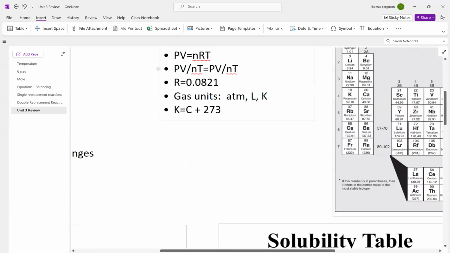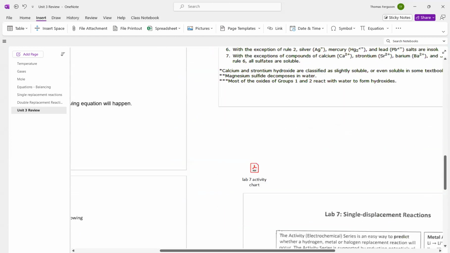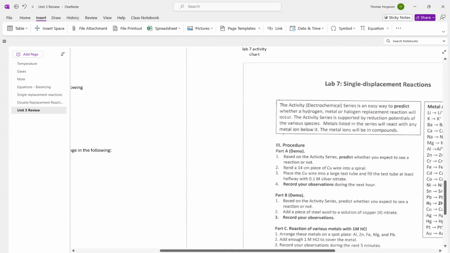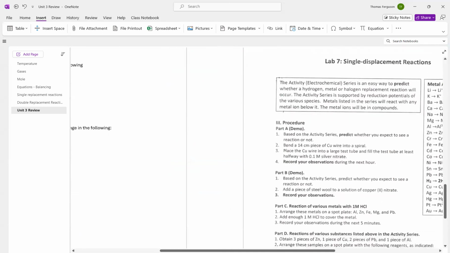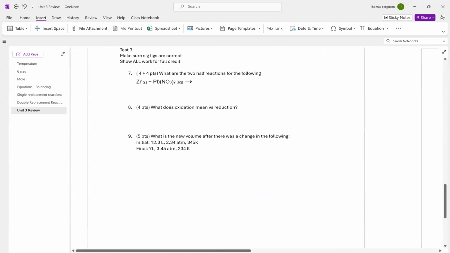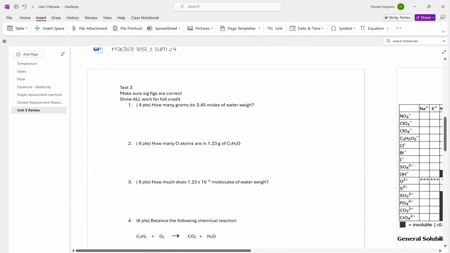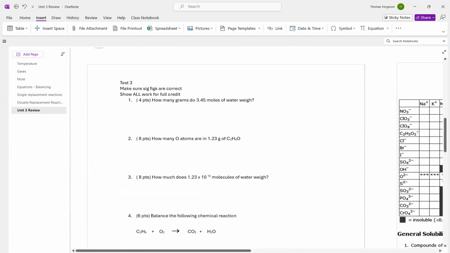Now, what you're going to get on the test is a periodic table, a solubility table, and also page 1 of lab 7 for the activity series, because you'll need that for your single replacement. Okay, so are there any questions so far regarding anything?